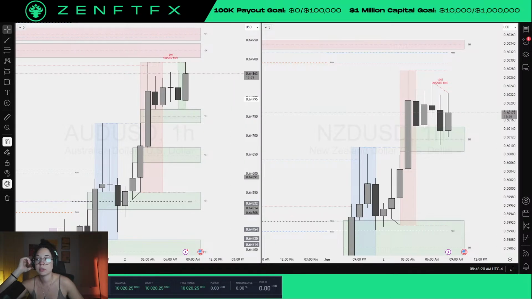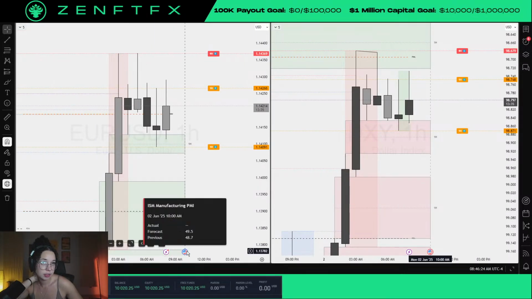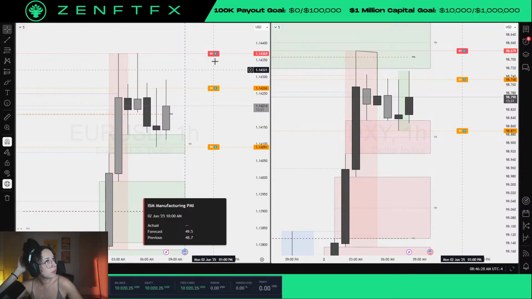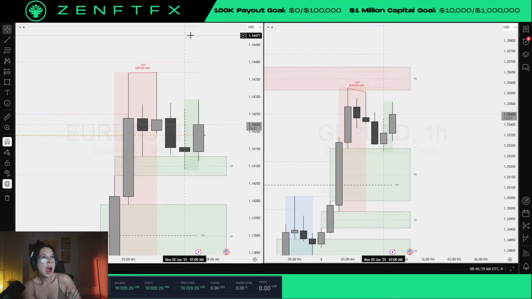Or not. I mean, it's red folder. PMI, I'm sure there'll definitely be some movement. I don't know how hard of a movement it'll be on Euro dollar or GBP. But I'm sure the indices.